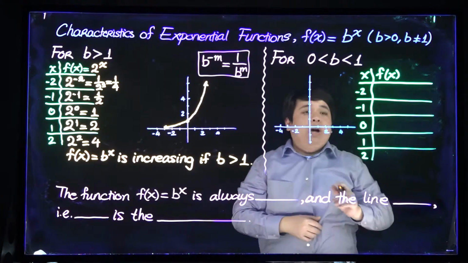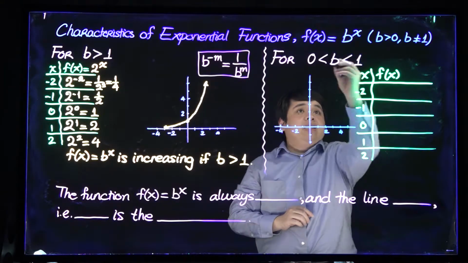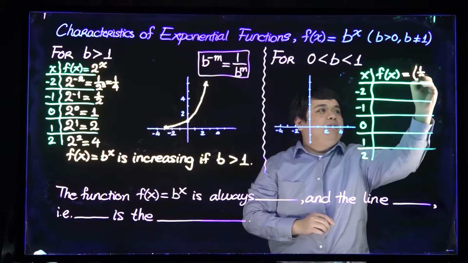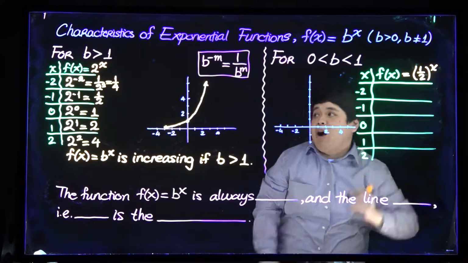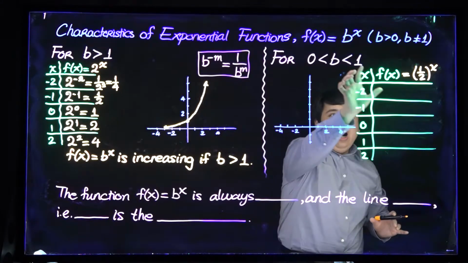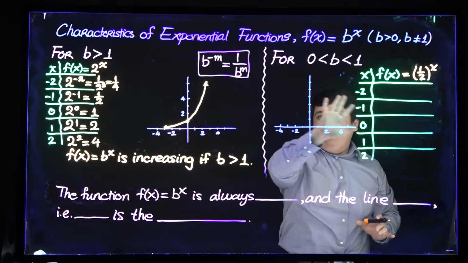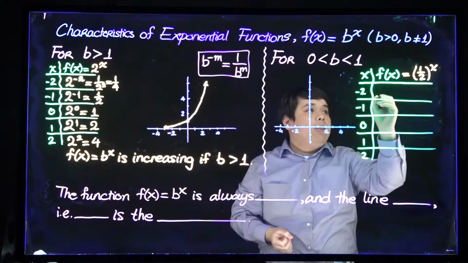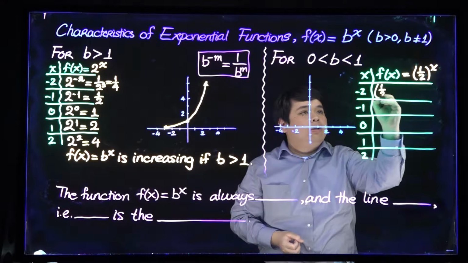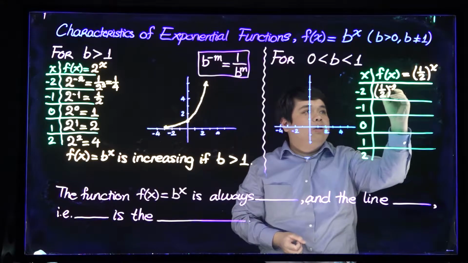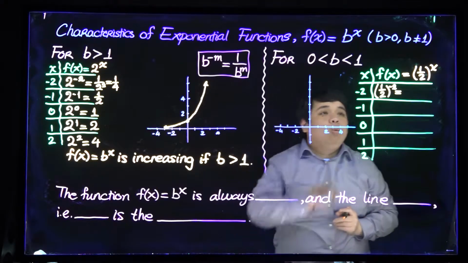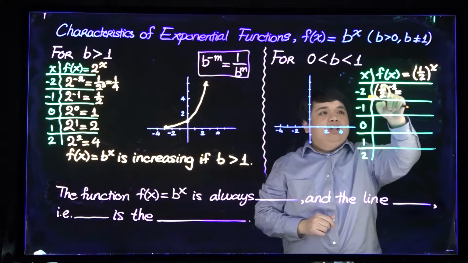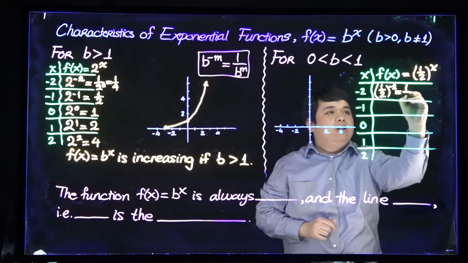Now we go to the case where the base is between 0 and 1. I will choose 1/2 to the x power, and we'll do the same thing. Evaluate all these points, find the points and put them on the graph, and we'll compare with what we have on the other side. 1/2 to the negative 2 power: the power will go to the top and the base goes to the bottom.